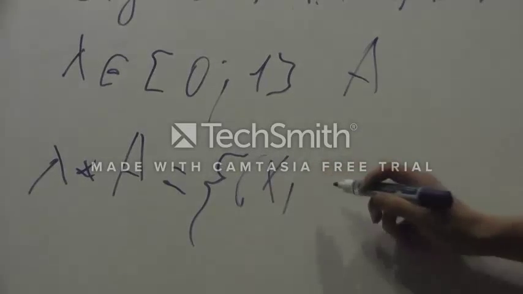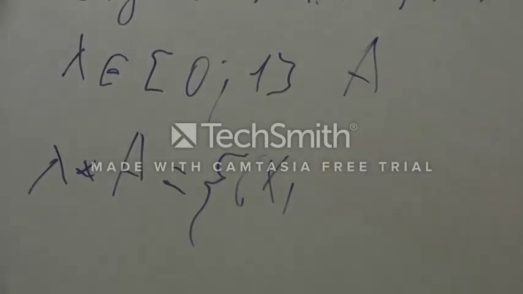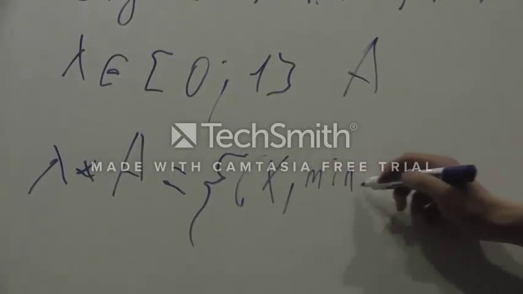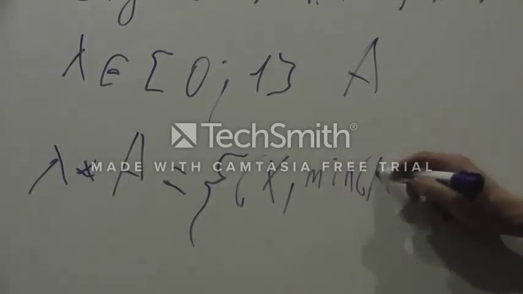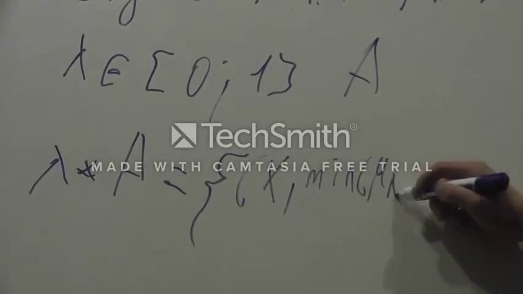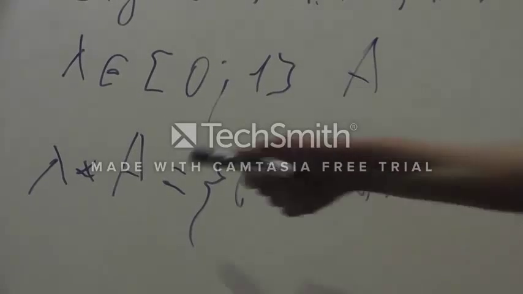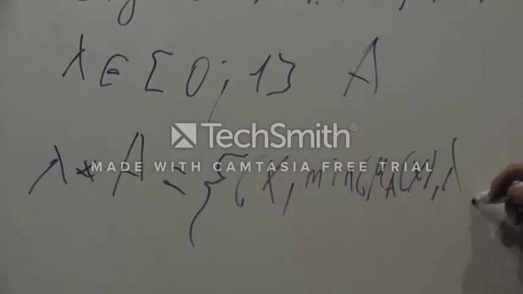The first element of each tuple is x from the universum, and the second is the minimum of the membership function of this element in the set and lambda.